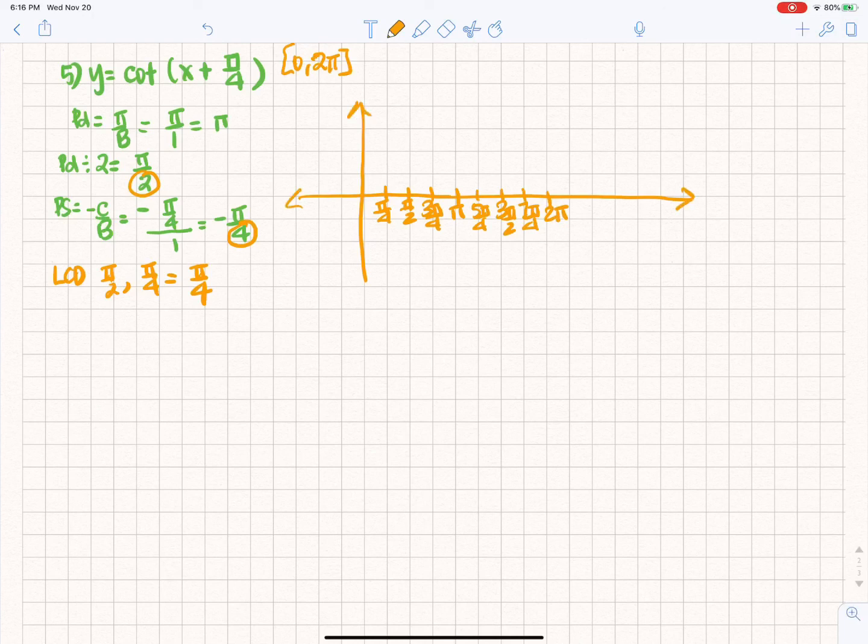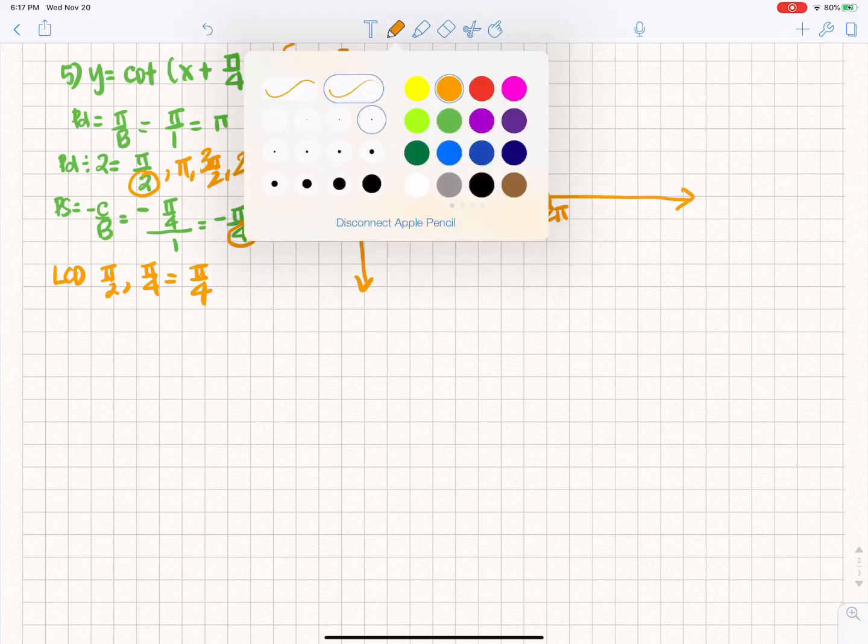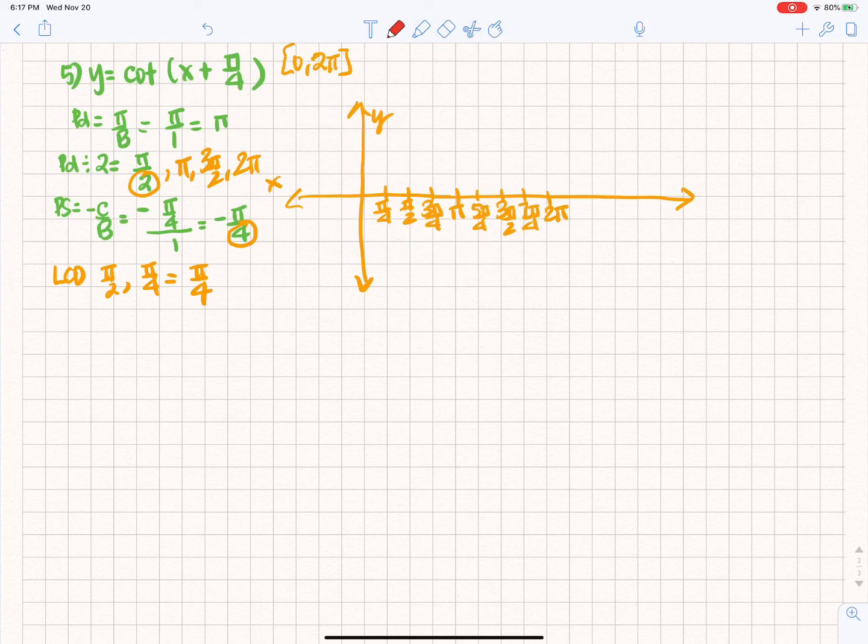Now, where are your asymptotes here for cotangent? It's not technically on the even labels on the graph. When you divide your period by 2, it's pi over 2. If you count by pi over 2, after pi over 2 is pi, then 3 pi over 2, and then 2 pi. Your asymptotes are on the even labels from this list, so it's on the pi and on the 2 pi.